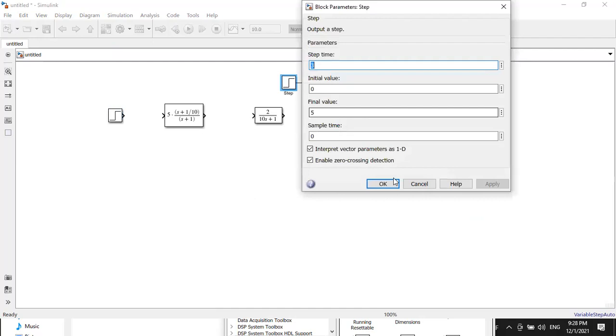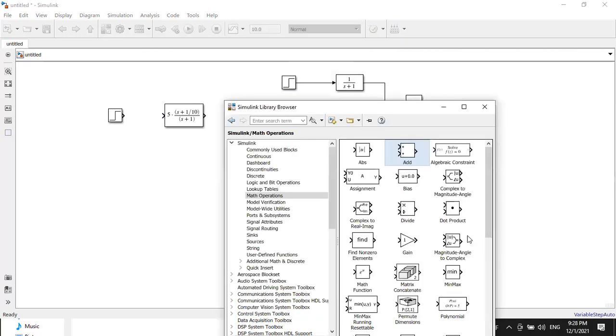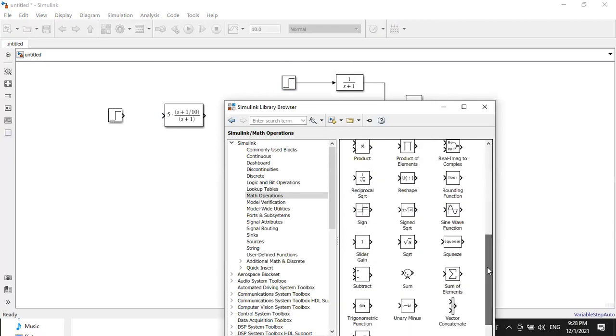Right. So we have to give this to this one. So we have to add what we get from here. Once again we need to add the summation block here.